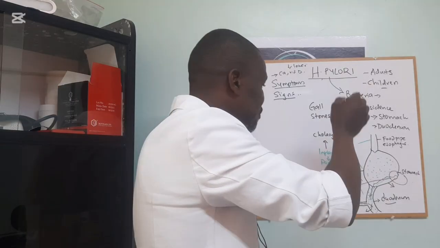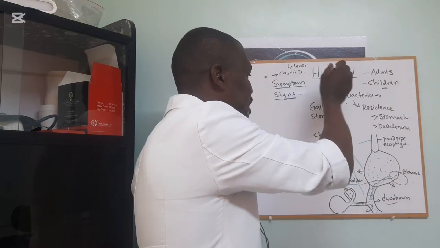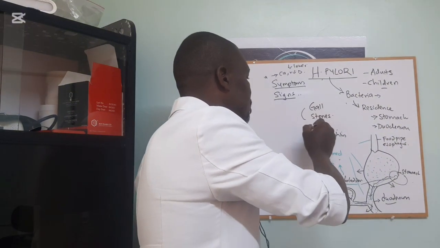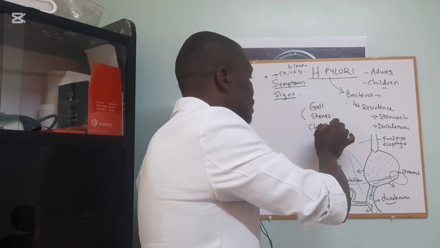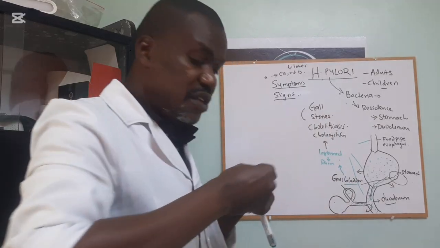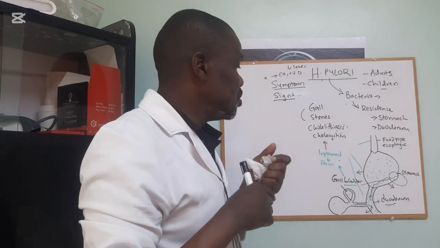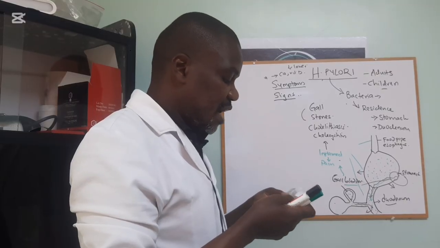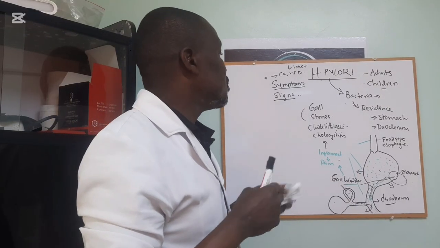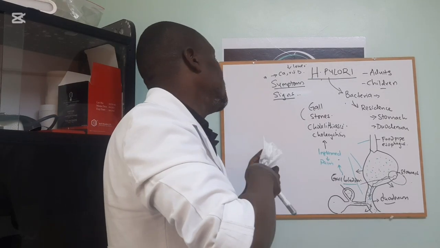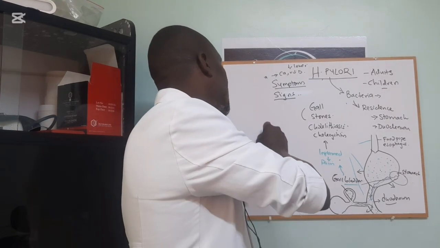You end up with an inflamed gallbladder from H. pylori. Okay? Gallstones are called cholelithiasis. So, for this child who is constantly complaining about abdominal pain, a child whose H. pylori has turned out positive and has not received treatment, you are most likely going to deal with these issues. And these issues are normally diagnosed through an ultrasound scan.